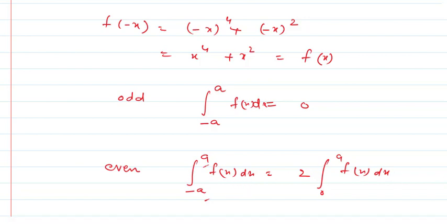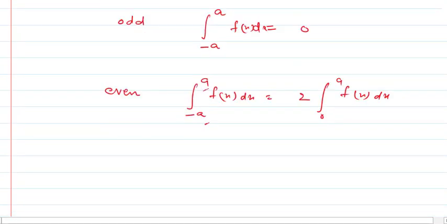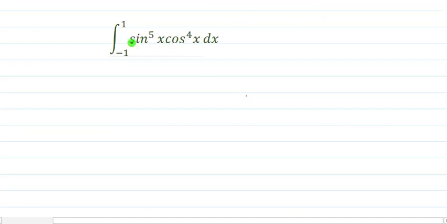To illustrate this property, let me take one example in front of you. In this problem, the limit is from -a to a type, -1 to 1. So first of all, we need to check whether the function is even or odd. And as I have just explained, we will change x into -x. What are we getting?